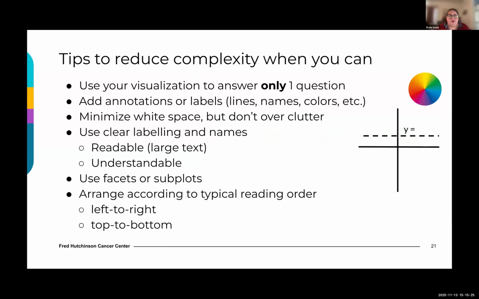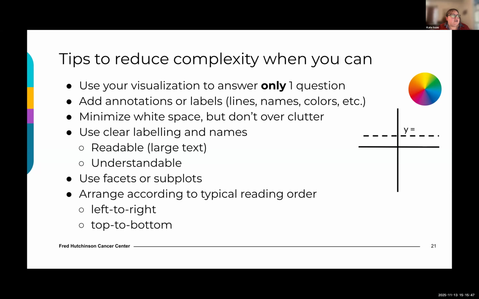My first tip is that you want to use your visualization or your plot to answer only one question. If you have an additional question, add a second plot that works together with the first plot, or is completely separate if it's a completely separate question. Don't try to fit too much information and too many answers on one plot.